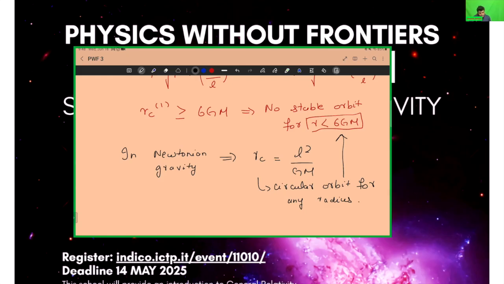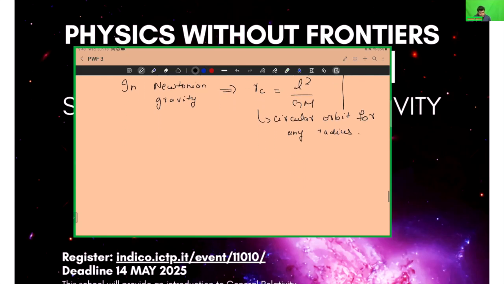There is one more thing that I want to discuss, and that's one of Kepler's laws. If I remind you, Kepler's third law, you can derive that in Newtonian gravity.